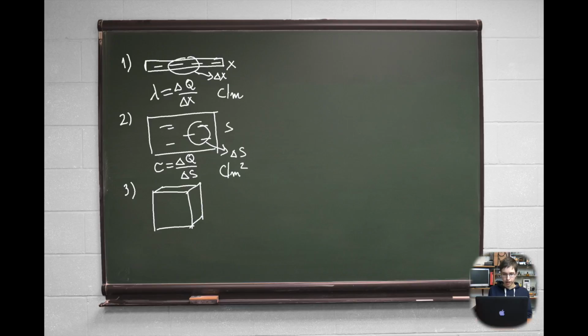This type of charge density is calculated using the next formula, that rho is delta Q over delta V, where delta Q is again an amount of electric charge and delta V is a unit of the object's volume where the delta Q charge is situated. It's measured in coulombs per meter cubed.